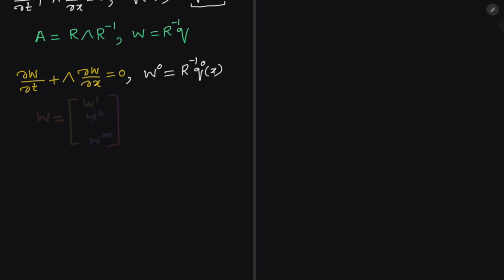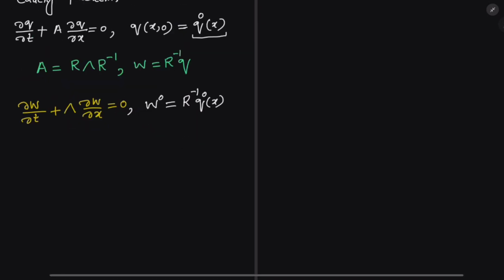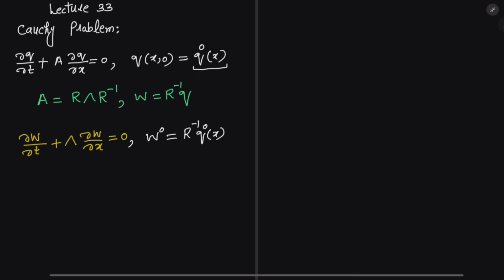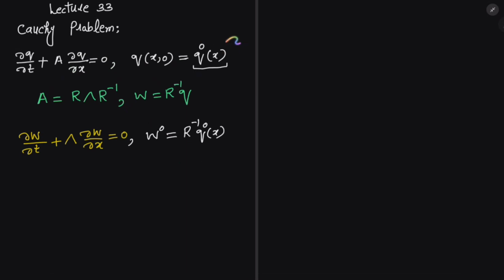Since we are talking about the mth element, this lambda is the matrix with eigenvalues lambda 1, lambda 2 up to lambda m, and so on.